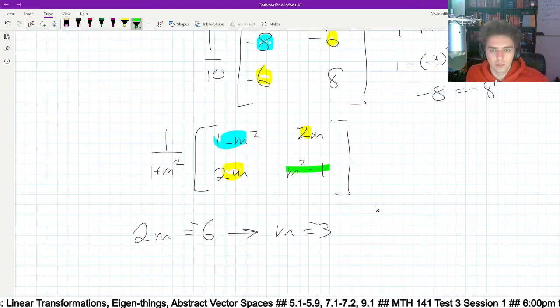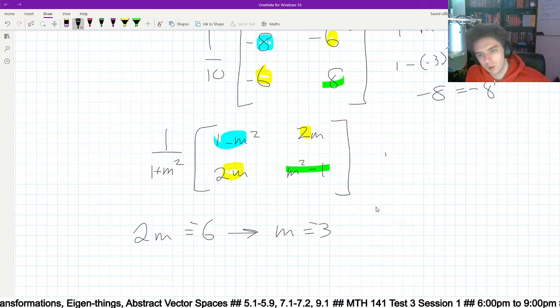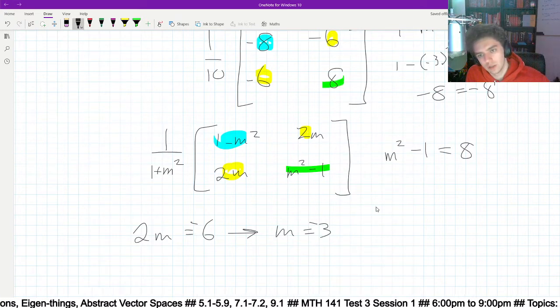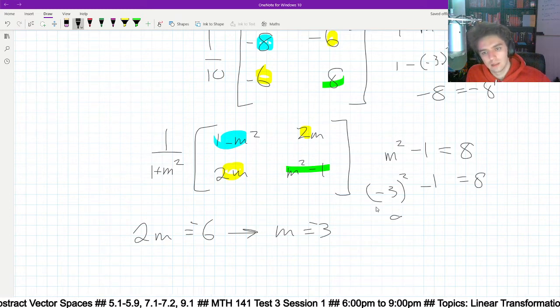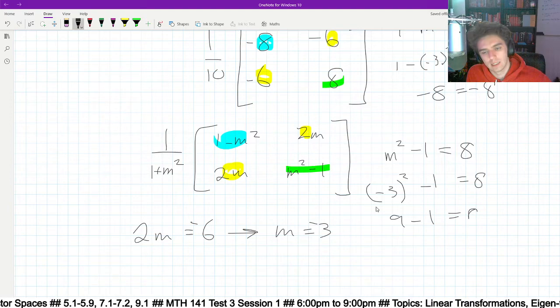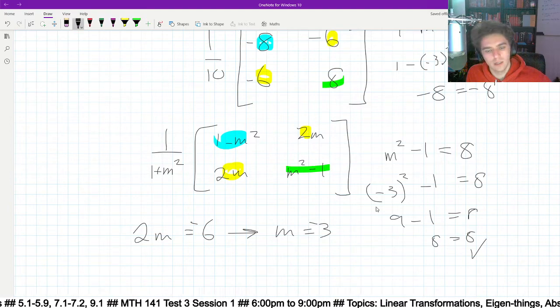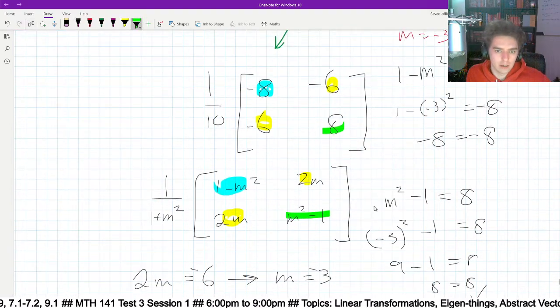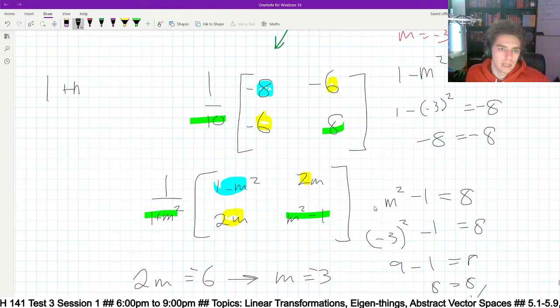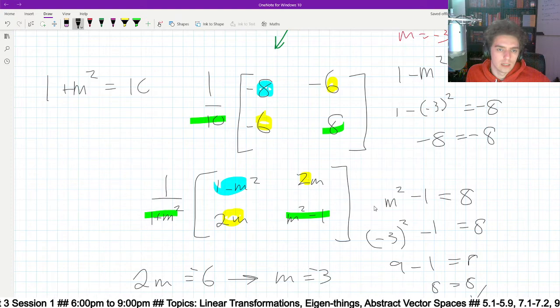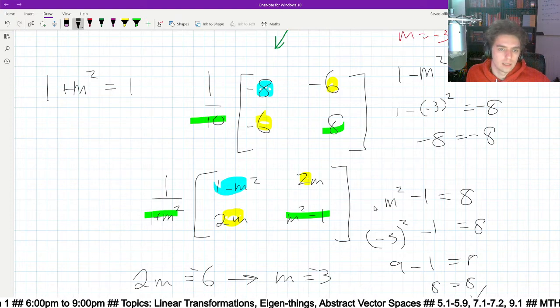Let's check now if it works for this pair. So m squared minus 1 should equal 8. Negative 3 squared minus 1 should equal 8. 9 minus 1 equals 8. 8 equals 8. We're good. And finally, we need to check if this matches up. 1 plus m squared equals 10.